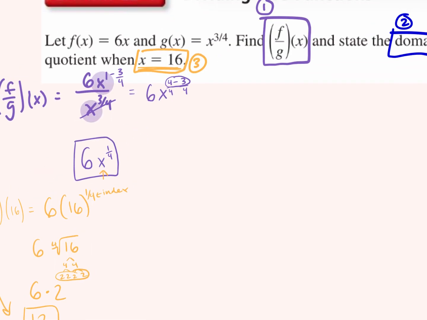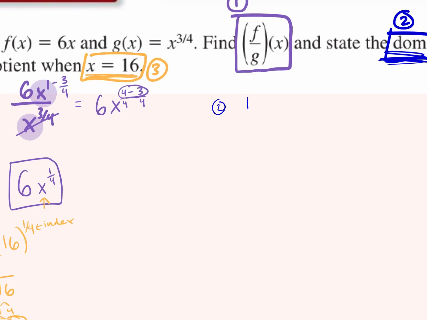So the last thing we're going to do is answer our second part of this question and find the domain. So our domain, we have to check the domain of f, the domain of g, but since we're dividing, we have one additional thing that we have to check. We have to check our denominator because we can't have 0 in the denominator.